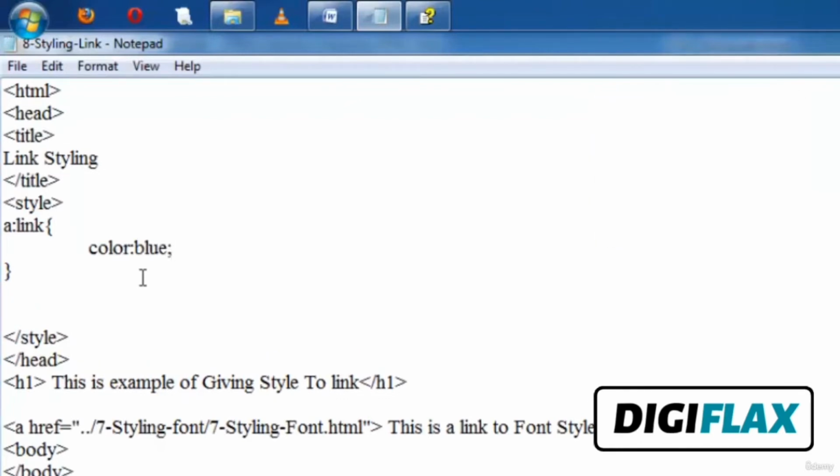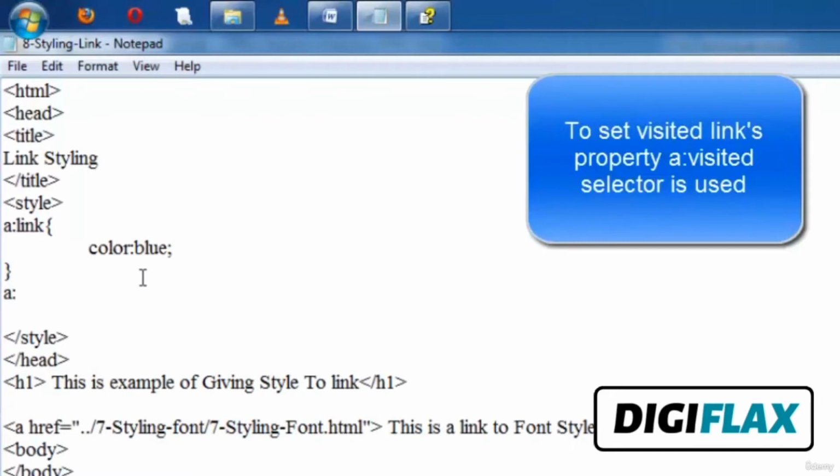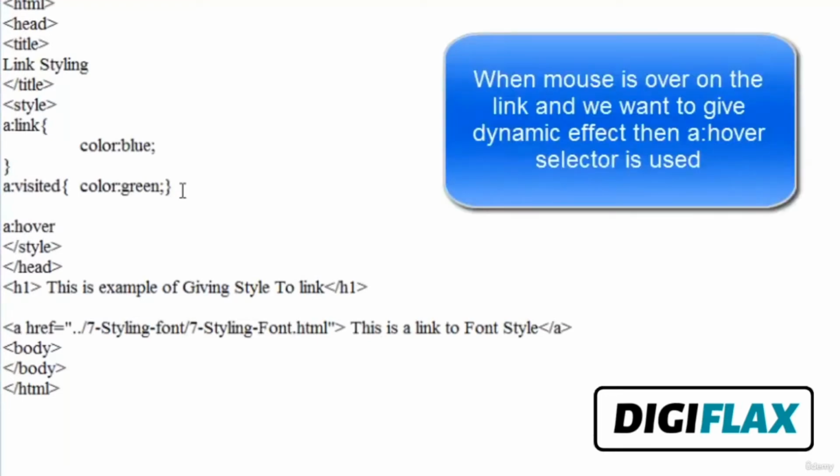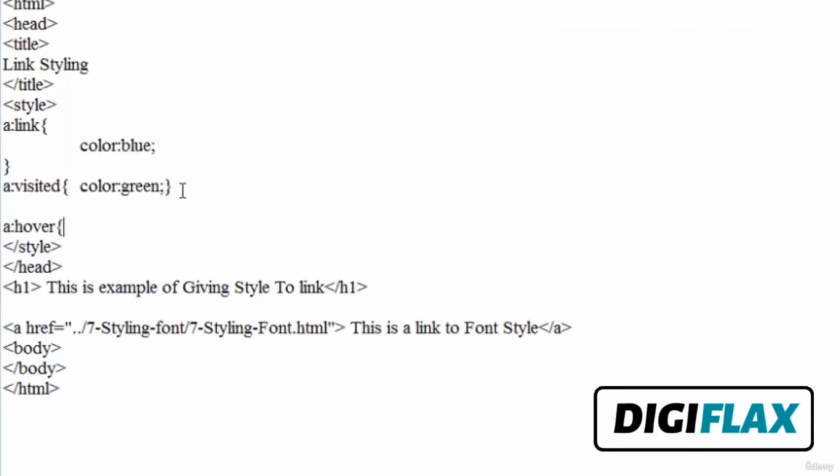Now when the link is visited, I want to give color green. When the mouse is over the link, I want to set the background color and color of the text to a different color from visited or unvisited. So hover is used to give this effect.